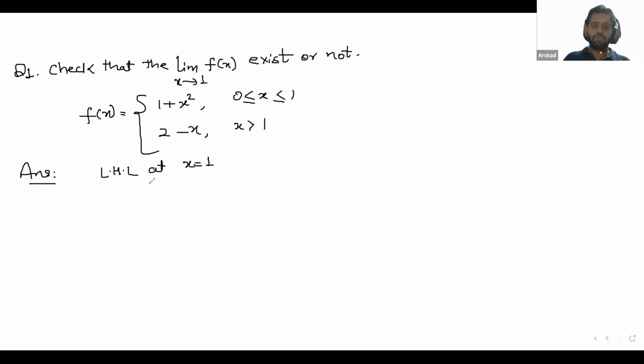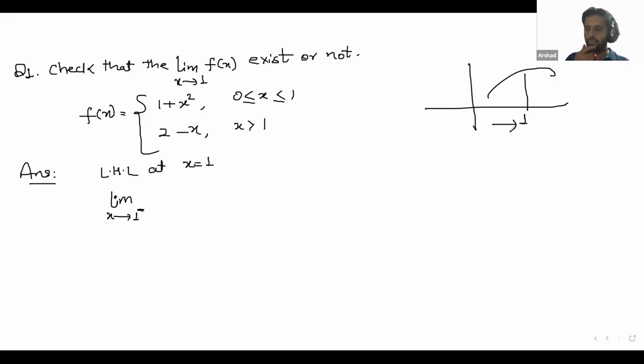In case of LHL, we will write x tends to 1 minus. I'm not saying minus 1. What is meant by 1 minus? If you have a graph like this, this is 1. Then we are approaching the value from the left side. So 1 minus represents that we are approaching the value from the left side. 1 minus doesn't mean minus 1.